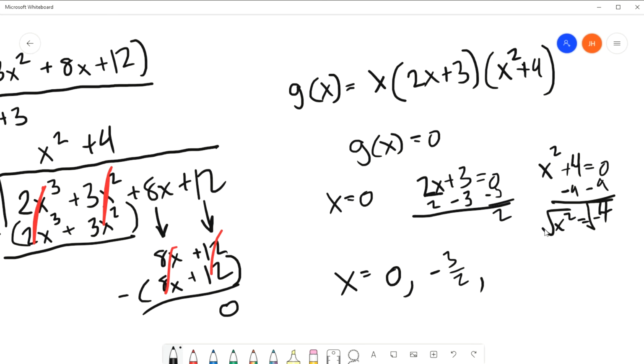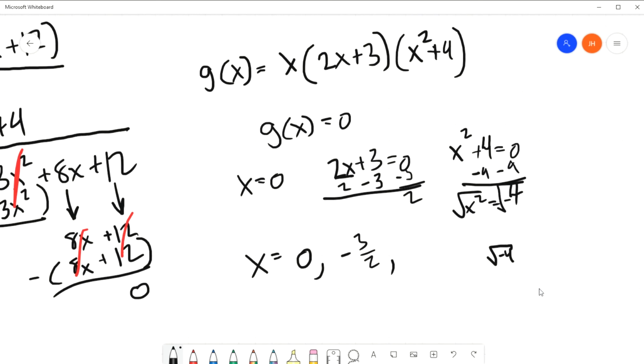And hey guys, what happens when I square root a negative? Do y'all remember what we get? Remember guys, that gives us those imaginaries. So it gives us that complex number, right?